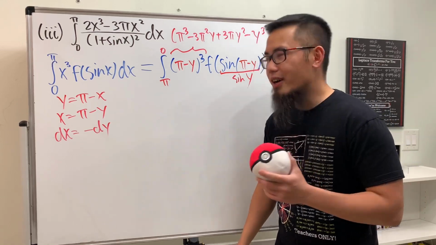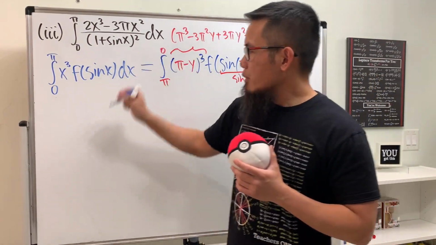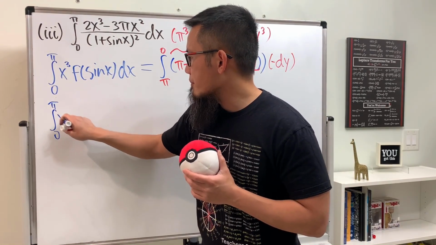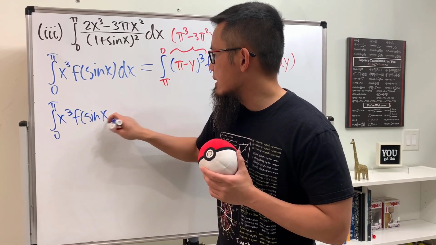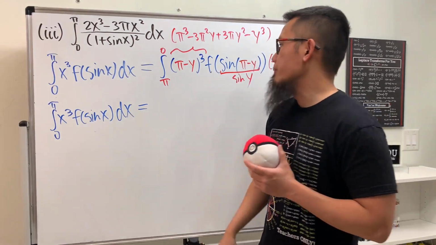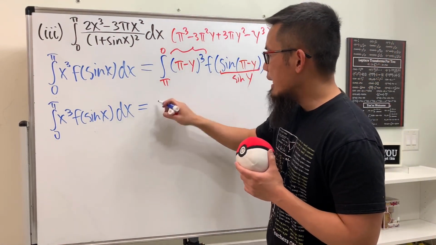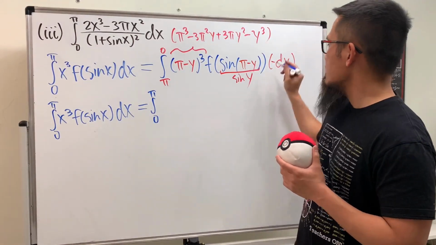And just like earlier, we will change all the y's back to x. I'm going to write down the left hand side again. Here we have the integral going from 0 to pi, x to the third power f of sine x, dx. This right here is equal to, let me just distribute this and then again write down everything in terms of x. Integral going from 0 to pi, again thanks to this negative here.